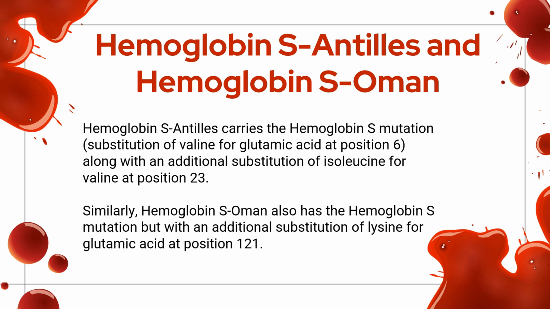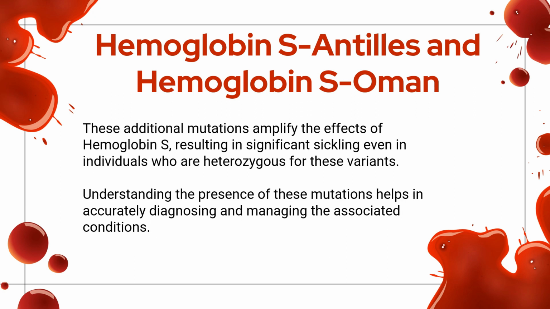Similarly, hemoglobin S-Oman also has the hemoglobin S mutation but with an additional substitution of lysine for glutamic acid at position 121. These additional mutations amplify the effects of hemoglobin S, resulting in significant sickling even in individuals who are heterozygous for these variants. Understanding the presence of these mutations helps in accurately diagnosing and managing the associated conditions.